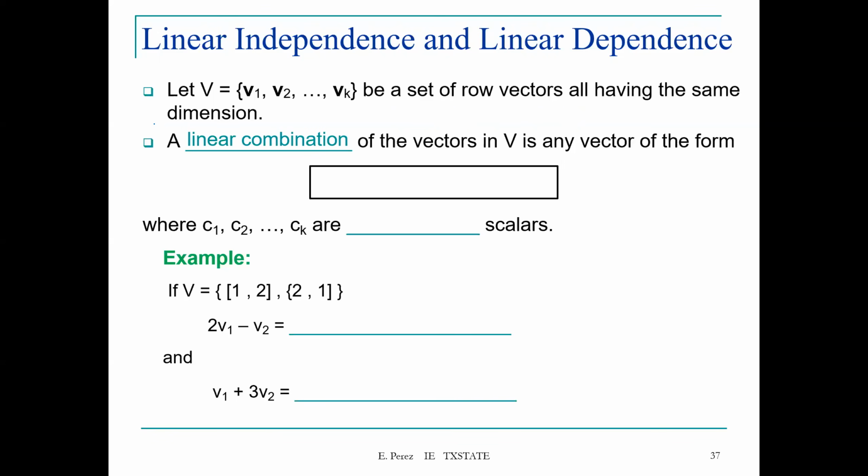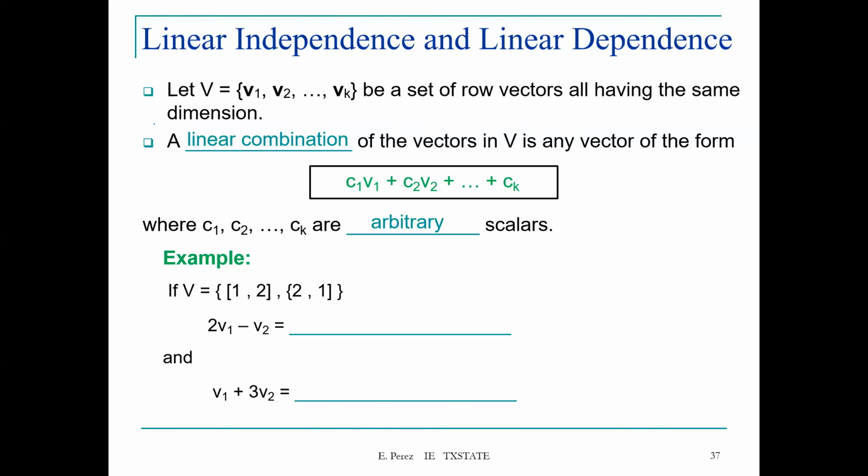A linear combination of vectors in V is any vector of the form C1 times V1 plus C2 times V2, and so on, where C1, C2, and Ck are arbitrary scalars.